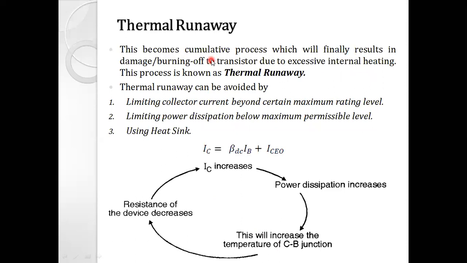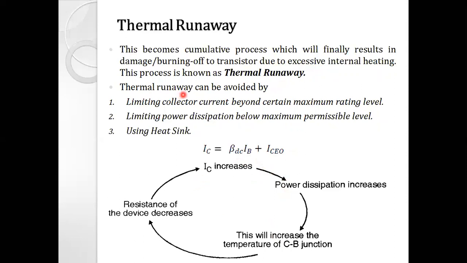So this becomes cumulative process, which will finally result in damage or burning off of the transistor due to excessive internal heating. That internal heating is the rise in the temperature at the collector base junction. So this phenomenon, the result of this cycle, is known as the thermal runaway.